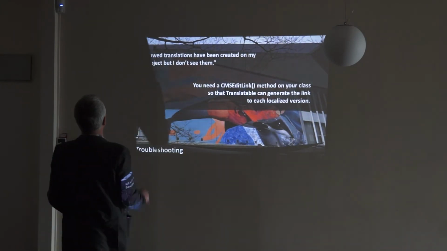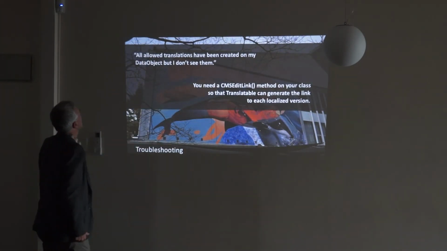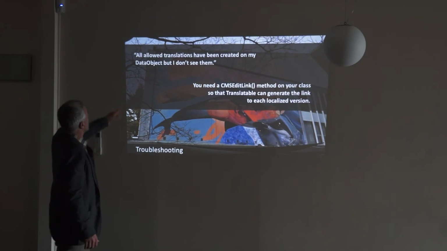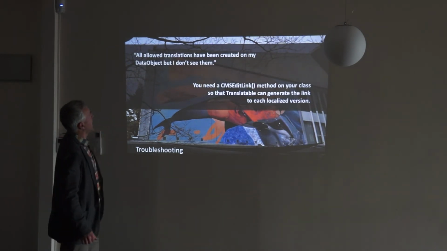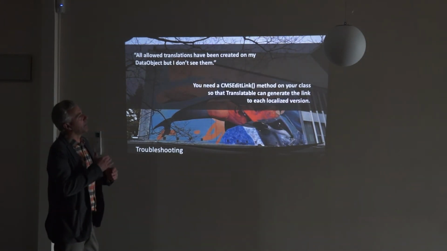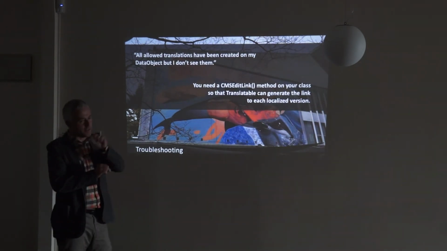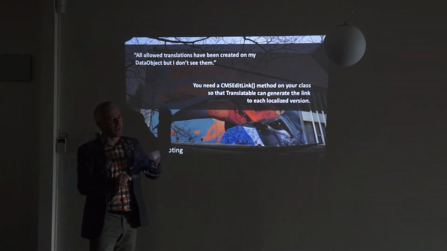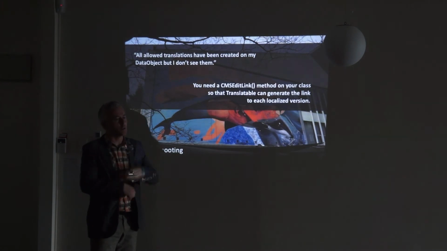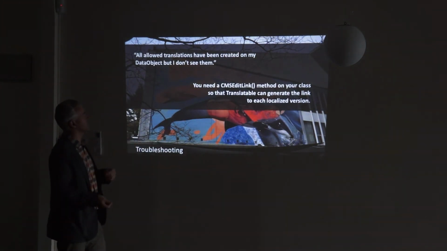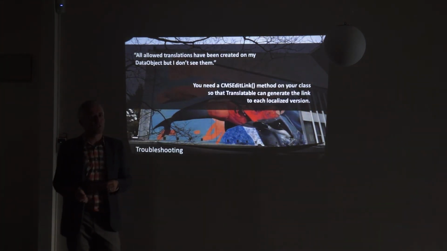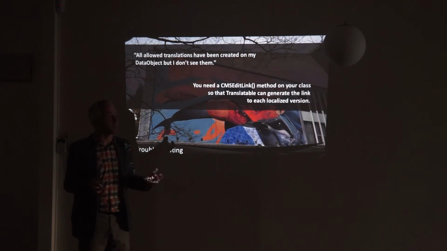Here's another problem that I've encountered. You get it working on your data object, and you can, in the admin, create translations, but then they disappear into a void, and you can't switch to them. Basically you create all the translations and they're just not visible anywhere.